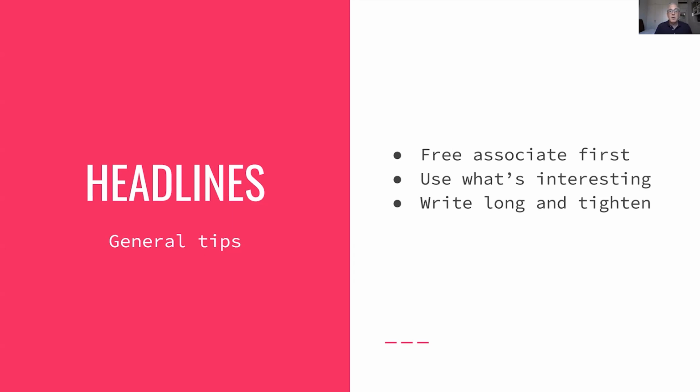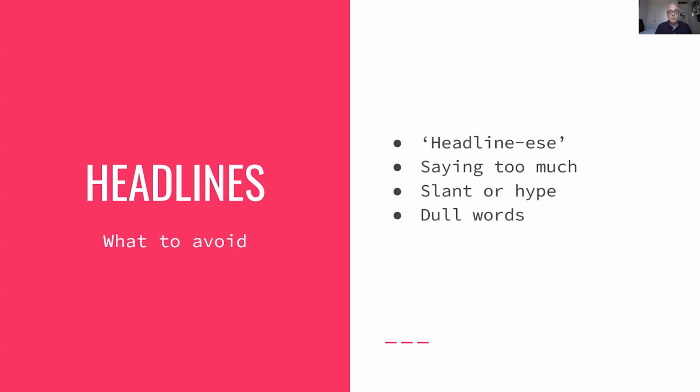Here are a couple of things to avoid. Try not to use jargon and what we call headline-ese, meaning words no one ever says except in bad headlines. "Unit wraps panel" was my old boss's favorite example of a headline that would mean nothing to anyone.